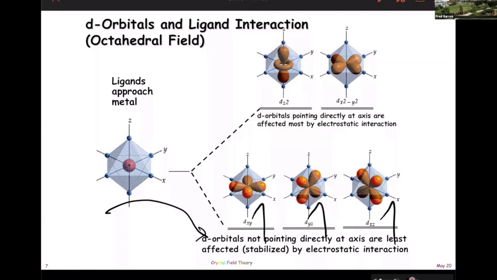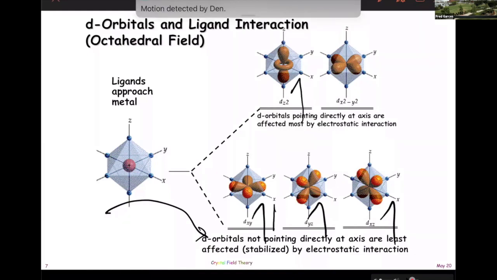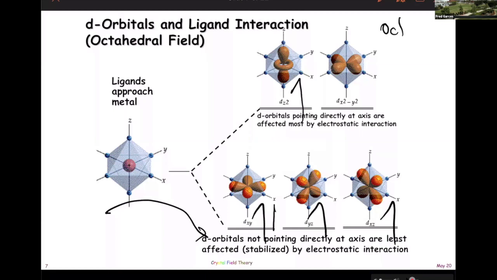That would be a d3. Remember we talked about d1, d2, d3. That's how many electrons are in the d orbital. And then on the fourth one, you could either put it up here or you can pair it down here. So that's what is involved in crystal field theory. So the splitting here is important, and this splitting is unique for octahedral.